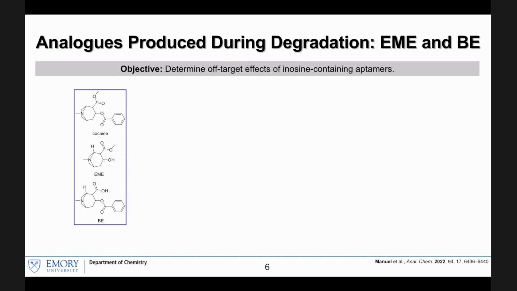EME is generated when cocaine is hydrolyzed by the bacterial cocaine esterase, and BE is generated if we ever do cocaine. I hope we don't do that, but in our bodies, if we ever do cocaine, our carboxyl esterase will degrade it into BE. And so because we knew that the parent aptamer didn't bind EME or BE, we were really curious to see if changing G to I would actually restore this affinity.